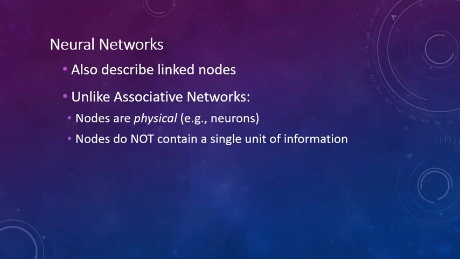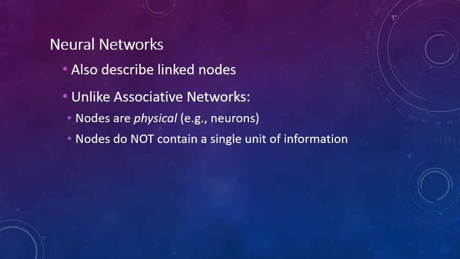When I ask you about visual information, it's saying that it's going to link to the nodes in the visual cortex, perhaps, or to neurons that are involved in that task. So where the associative networks are more theoretical connections, the neural networks are physical, real connections.